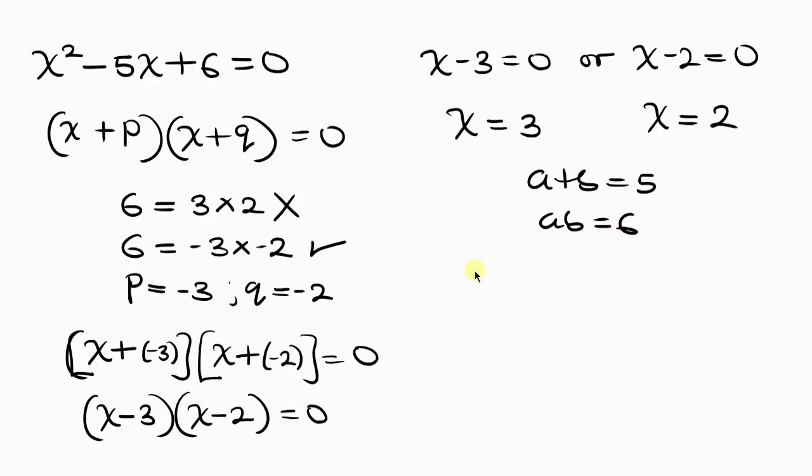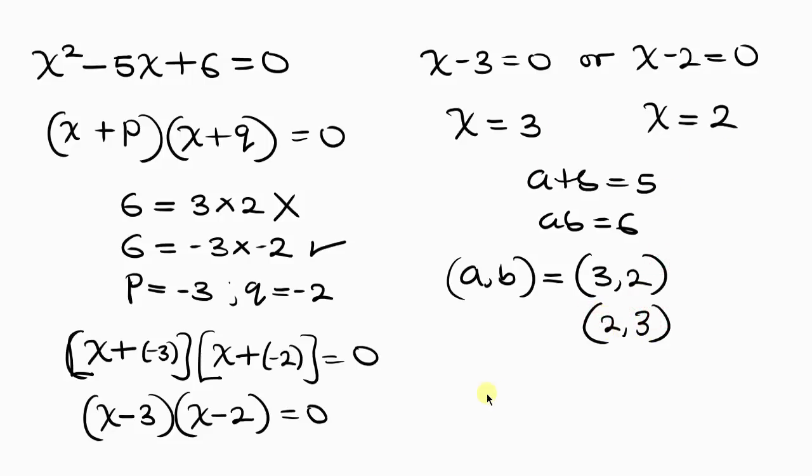So the values of a and b are interchangeable. That means a can be 3 and b can be 2, or a can be 2 while b can be 3. Very good. So now let's use these values of a and b to get the original question we're asked to find, which is n.